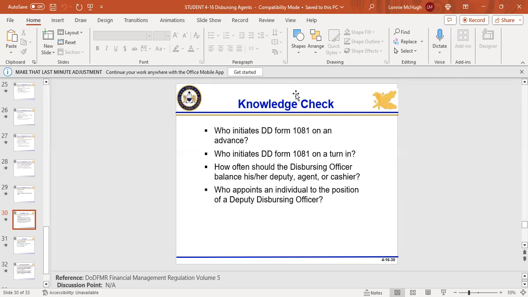So I have a quick question for you. Is there any way we can have maybe a simulation or a problem to just use to fill out this form 1081 so we can get accustomed to how it's filled out?